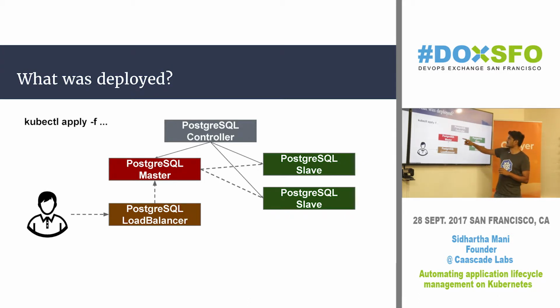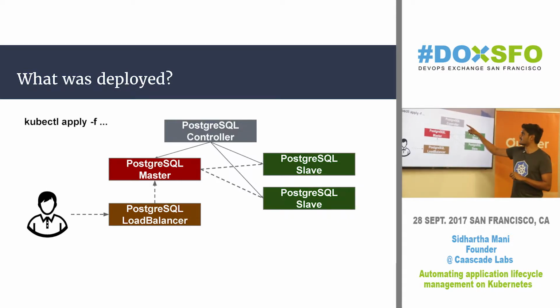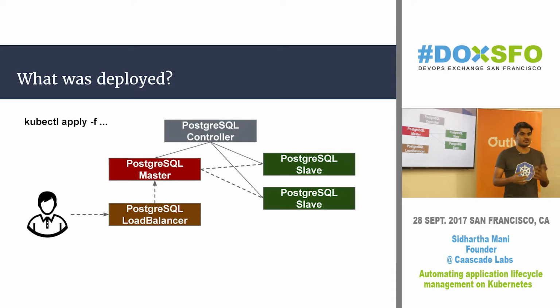And the way it works is it launches a PostgreSQL controller that I wrote, and that controller knows how to orchestrate how PostgreSQL is supposed to scale. It knows how to conduct failover. It knows how to read the logs out of it. It knows how to monitor it.